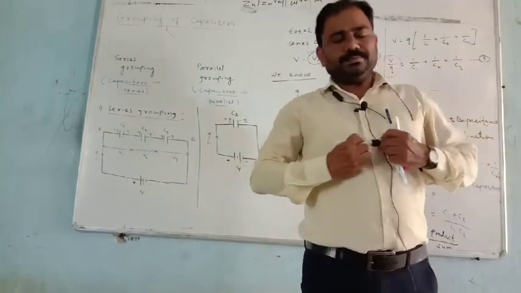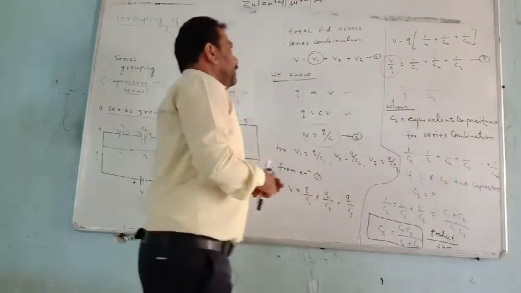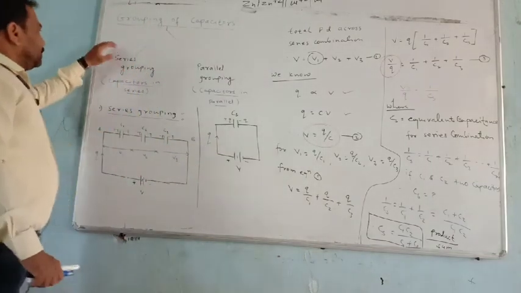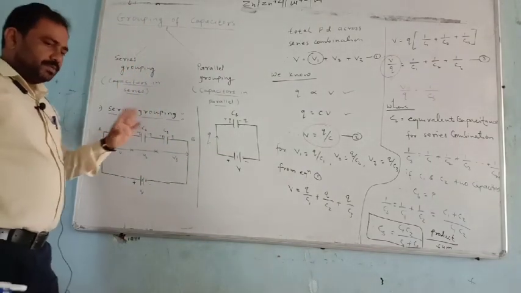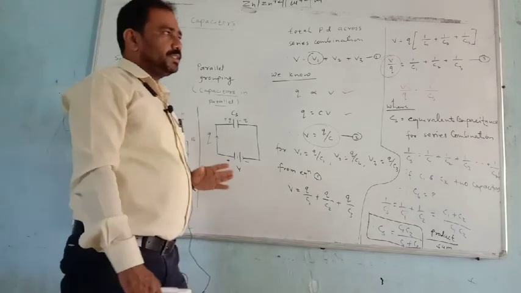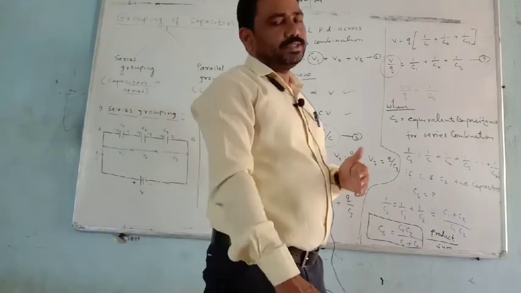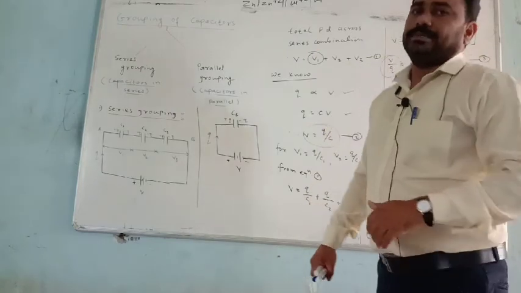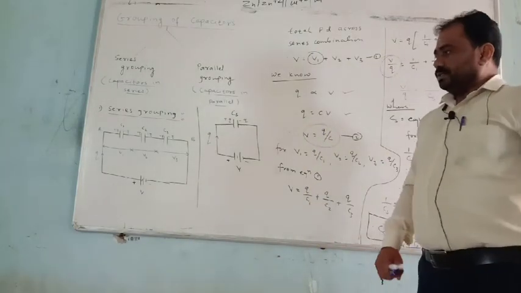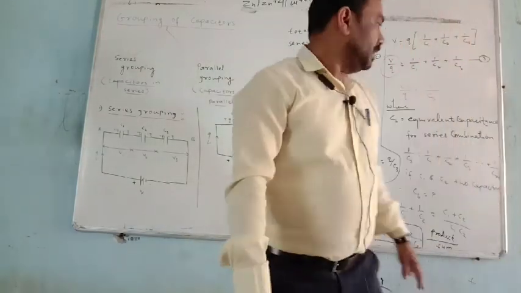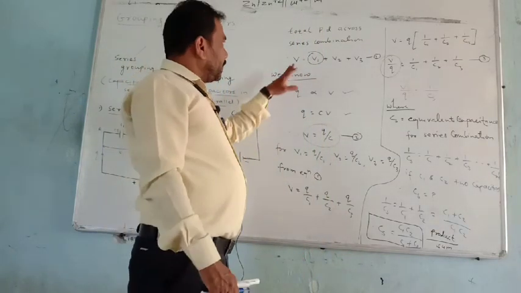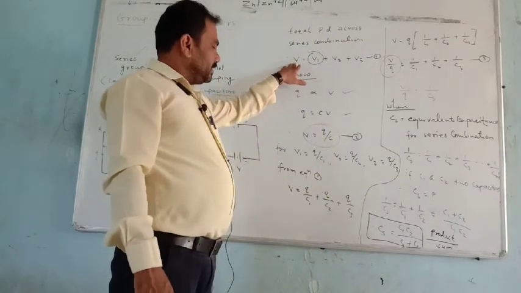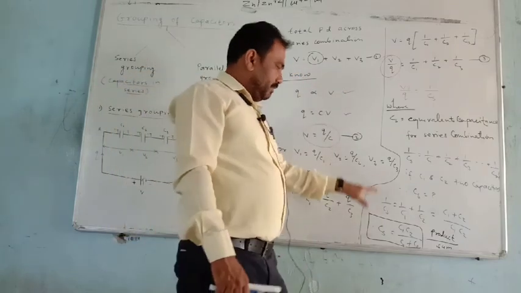So this is the very basic of series grouping, or capacitors in series. A number of MCQs and applications depend on this article, capacitors in series. Just remember how we can find the total potential difference and the equivalent capacitance.